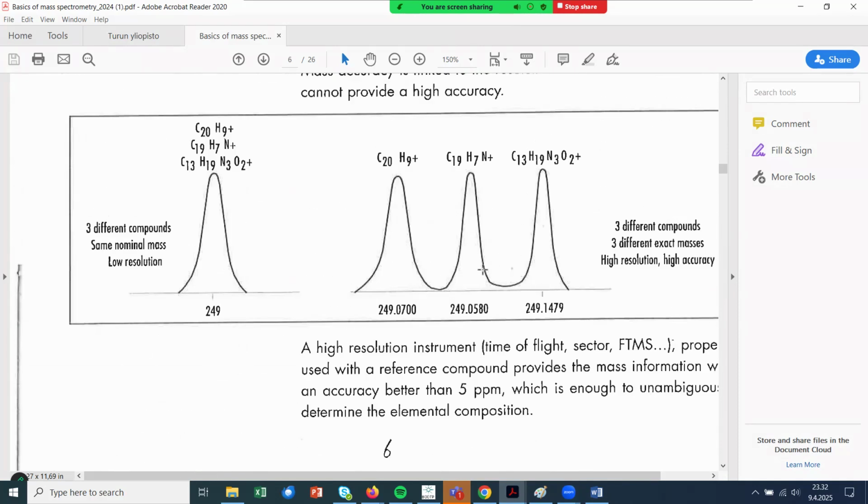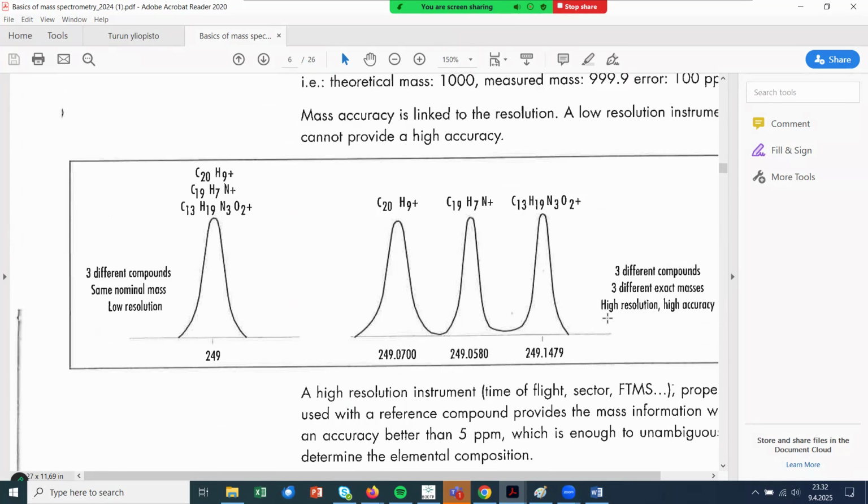Not much difference in the masses, but because these peaks are very narrow, you can separate them from each other and selectively get the information of different types of molecules, even if their differences are very small.